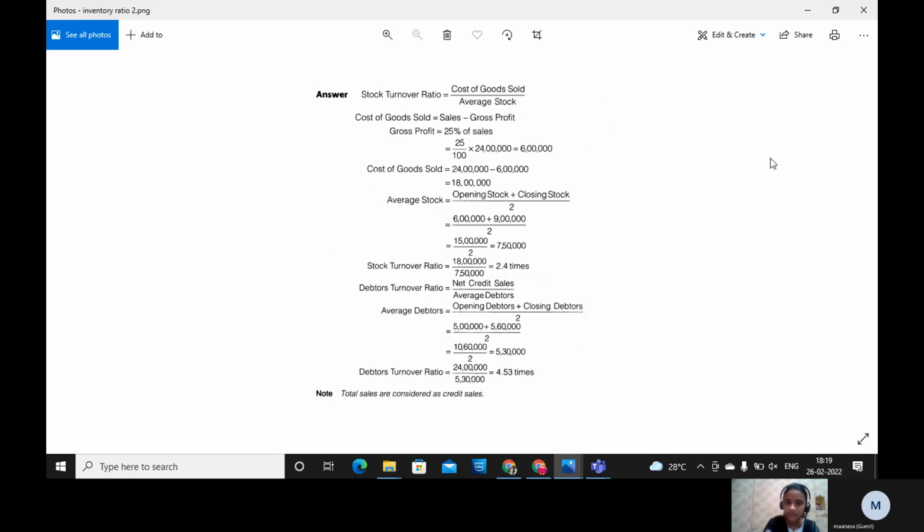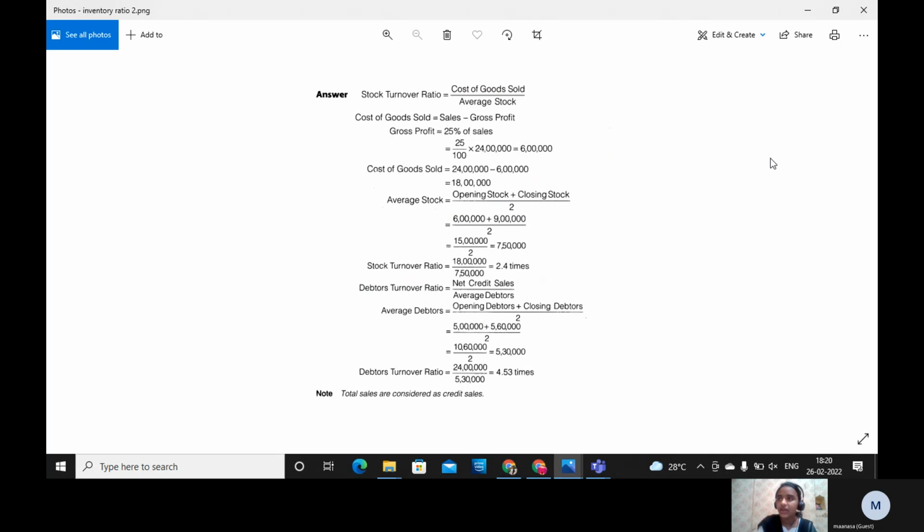Cost of goods sold is 24 lakhs minus 6 lakhs, which is 18 lakhs. Average stock can be calculated as opening stock plus closing stock by 2, which is 6 lakhs plus 9 lakhs by 2, which is 7 lakh 50,000. So the stock turnover ratio would be 18 lakhs, which is the cost of goods sold, by average stock, which is 7 lakh 50,000, which would be 2.4.